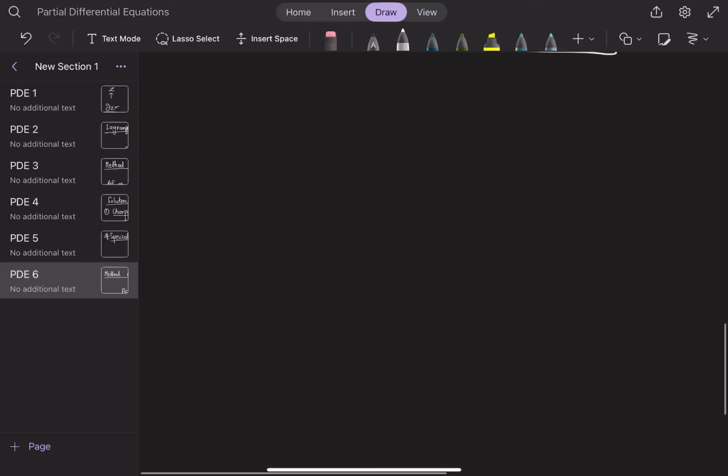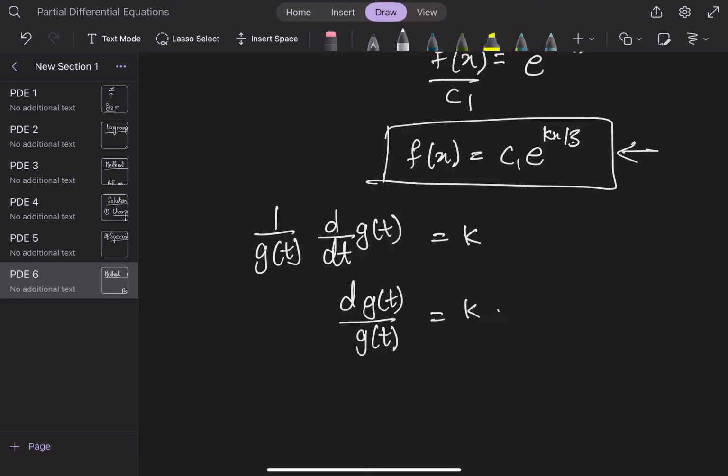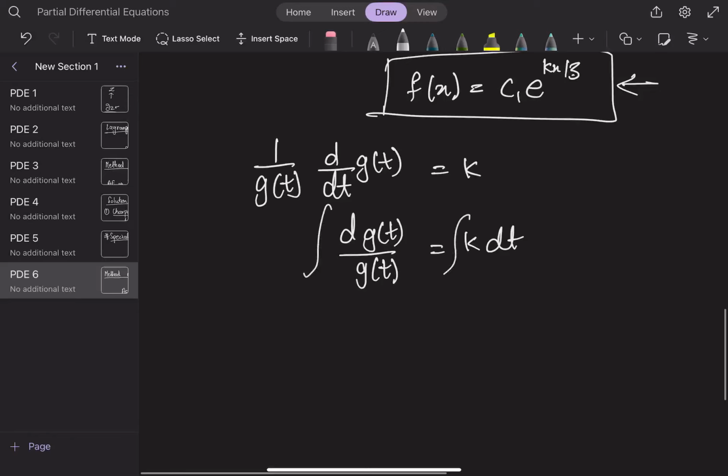So let's solve this. This becomes 1 by g(t) d/dt of g(t) is equal to k. So again, this is d(g(t)) by g(t) is equal to k dt. Let's integrate. We are going to get ln g(t) is equal to kt plus ln c2.